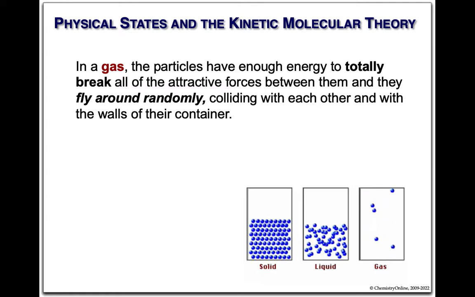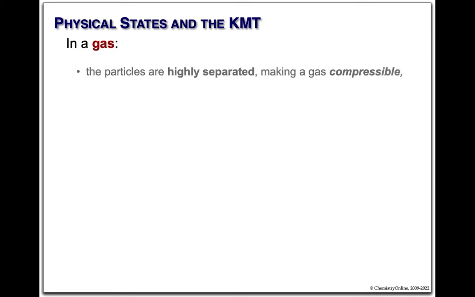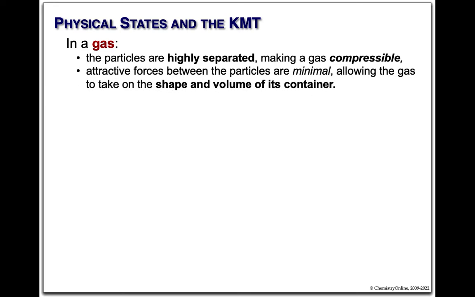So, the KMT tells us about our three states of matter. In a gas, the particles are highly separated. Because there's so much space between them, you can compress a gas. Attractive forces are minimal, and it takes on the shape and volume of the container.